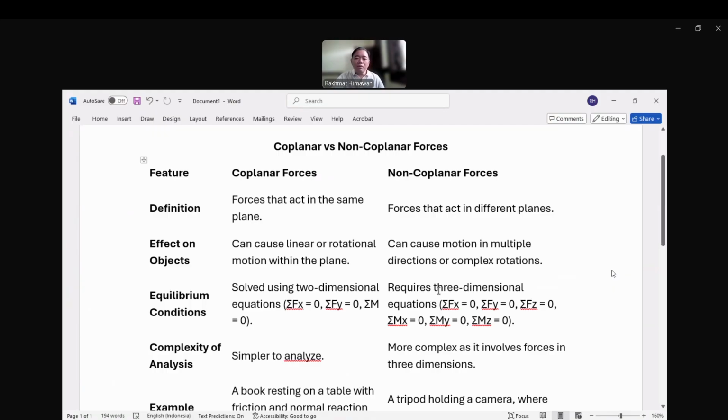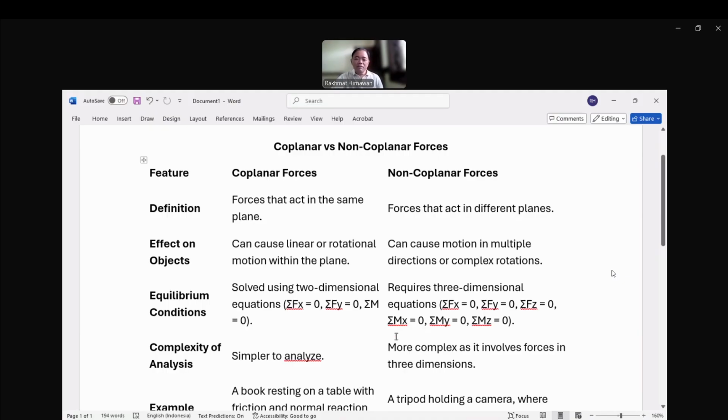While for non-coplanar forces, it's not just Fx, but we also have Fz. So we have a z direction in a more three-dimensional setting. The moment also is not just Mx, but we have M in the x axis, M in y, and M in z. So it's more complex.